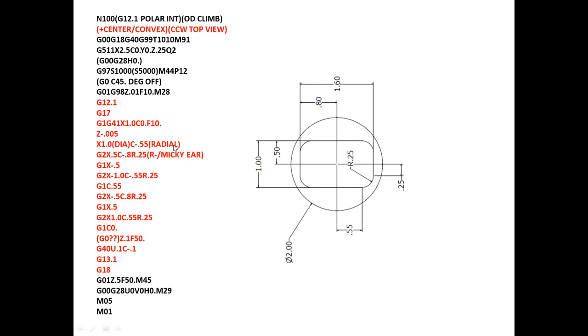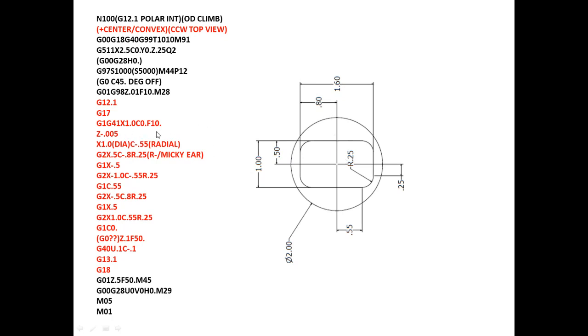In this program, the Fanuc G12.1 still uses an X-axis diameter value. From the center point it's only 1/2 inch, but I have to program it as 1 inch as a diameter, and C is 0.